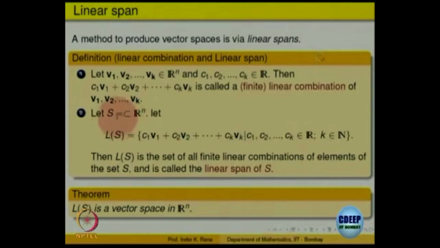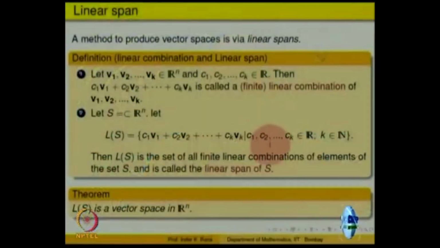This symbol has not come out. S, a subset of Rn. Look at a subset S of Rn. Now what can I do? I can pick up any finite number of vectors from S and form a linear combination of those vectors, right? So I choose any vectors v1, v2, ..., vk in S, and look at scalars c1, c2, ..., ck in R, and form a linear combination.